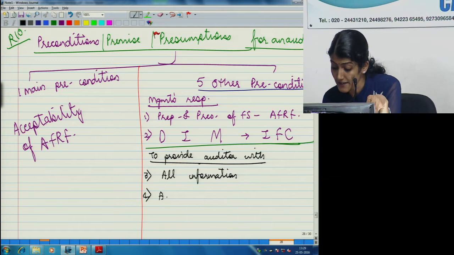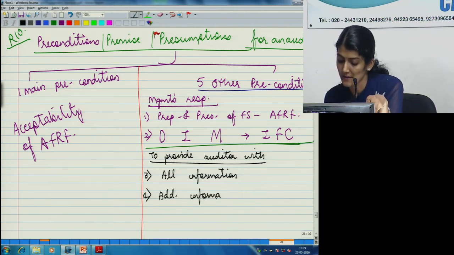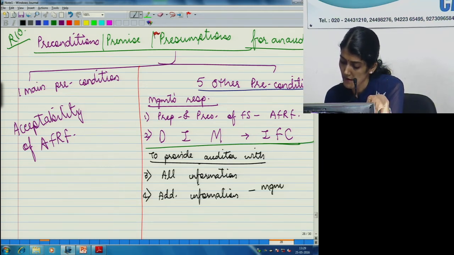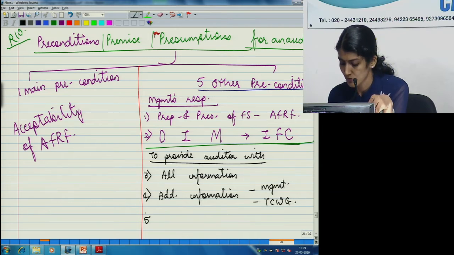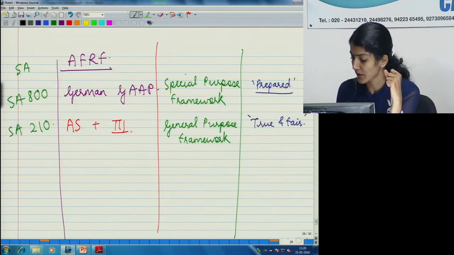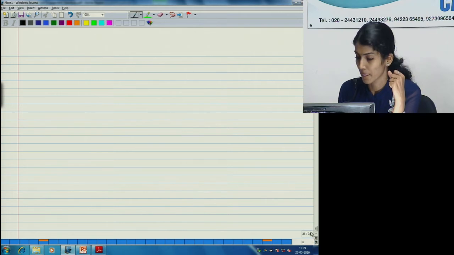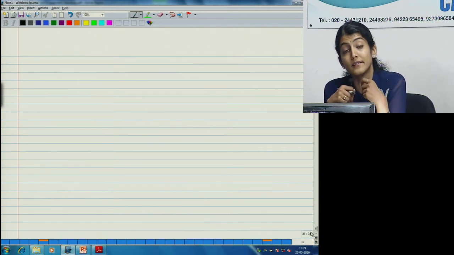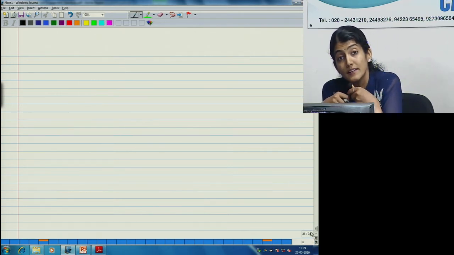Then any additional information which could be required from management, TCWG. ये कौन है TCWG? मतलब कौन? Those charged with governance. Means what? Means who? Who was responsible for monitoring? Well, only controls.